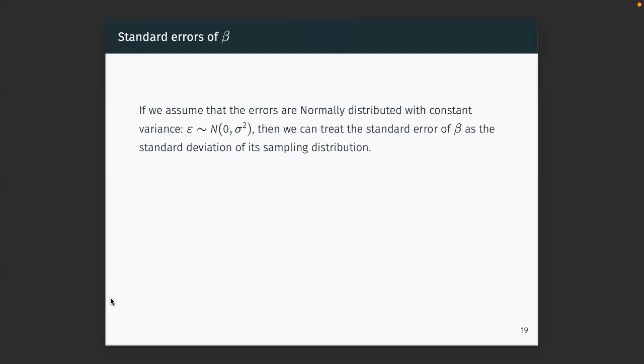Okay, so to estimate standard errors of beta, this is where things get funky. We know that the sample mean has a sampling distribution, meaning anytime I sample the height of 10 students from among Rutgers students, if I take a simple random sample, I could get a lot of different values for the average of those 10 heights.